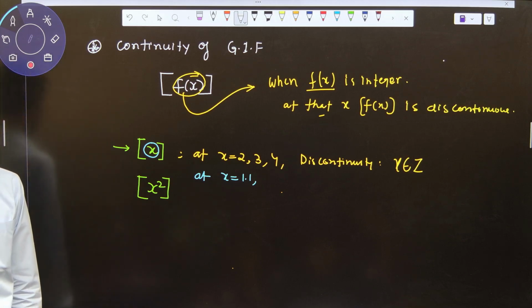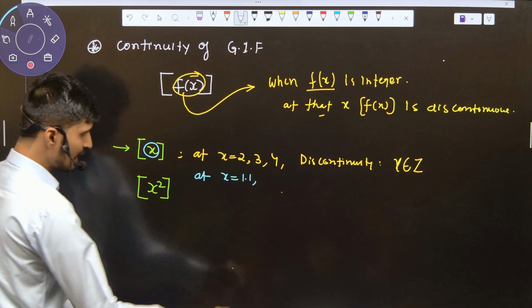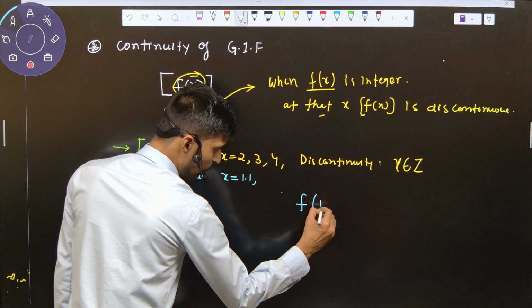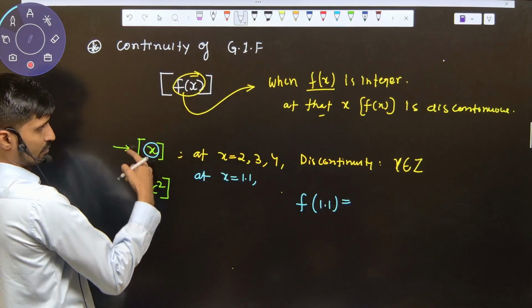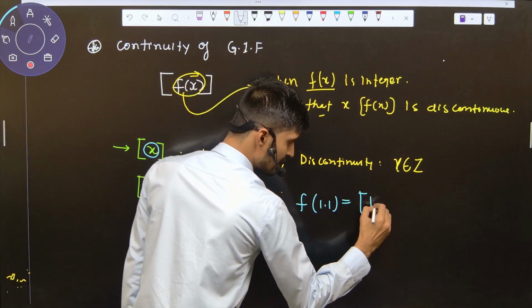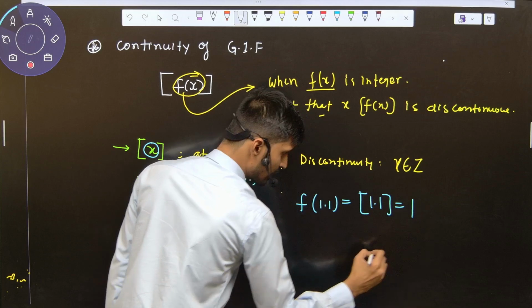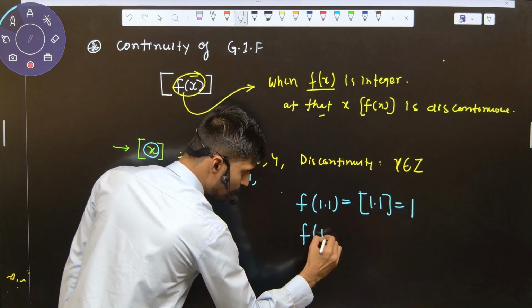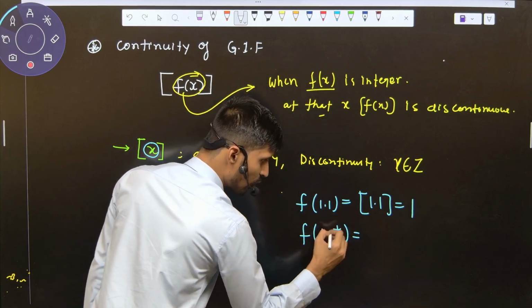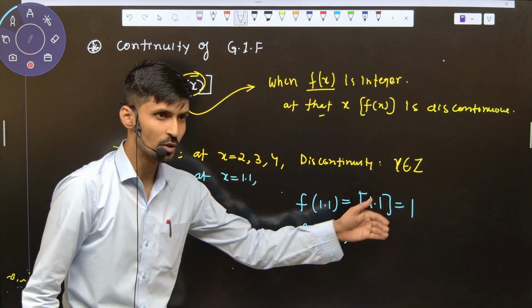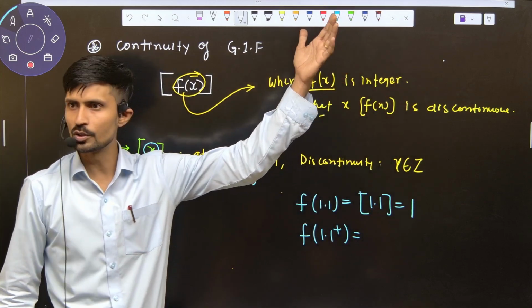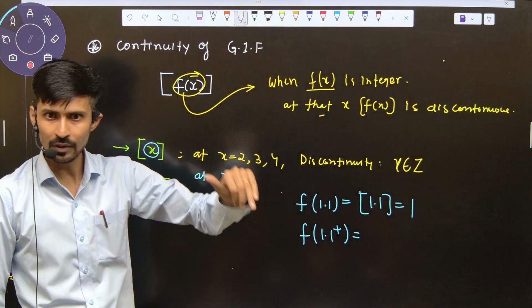Do you want to check? Tell me, f of 1.1, what will it be? Greatest integer of 1.1 will be 1. And 1.1 plus, that is 1.1000000001. What will be the greatest integer of that?